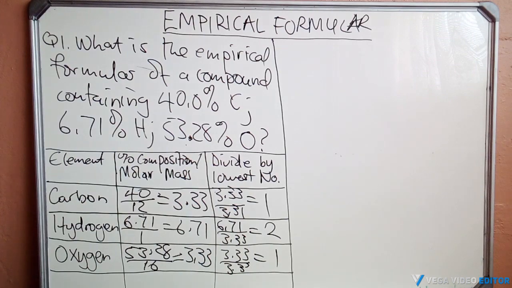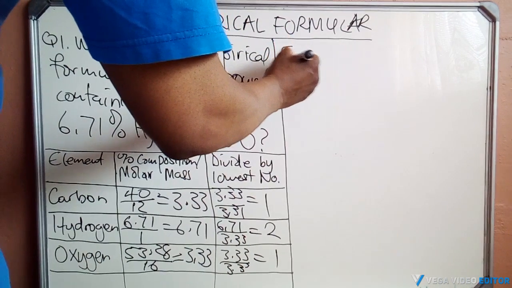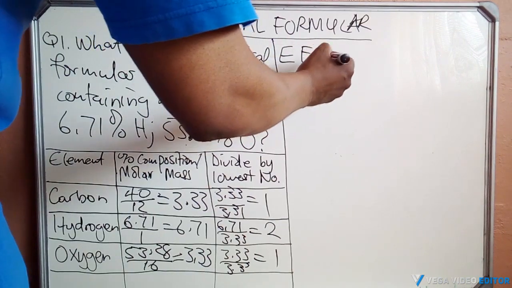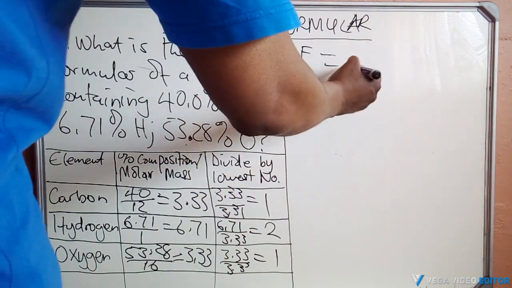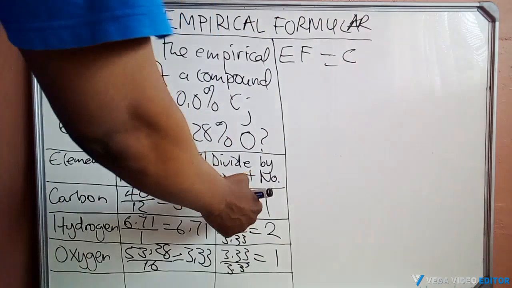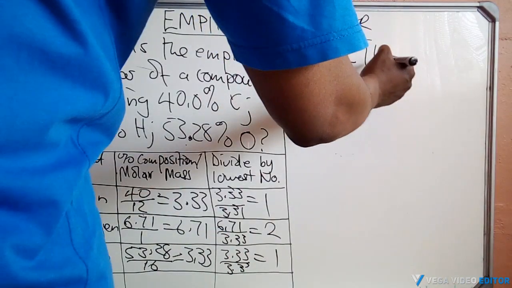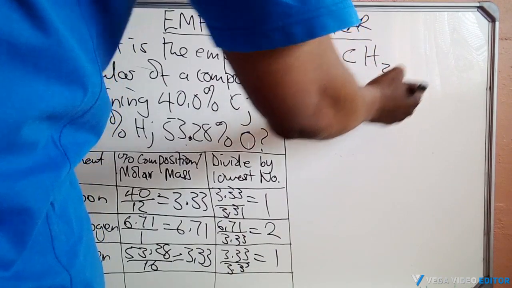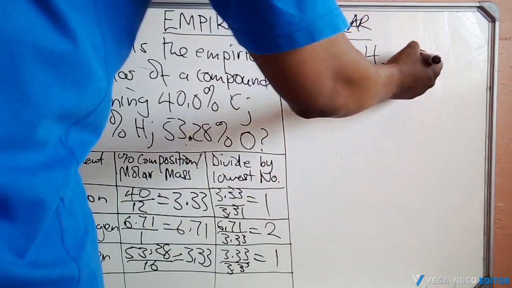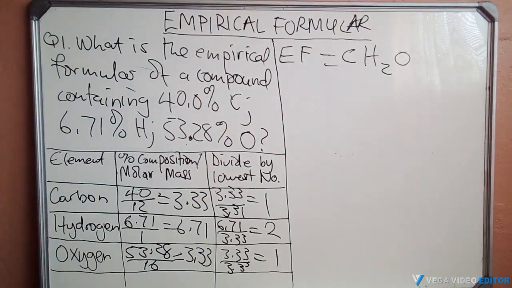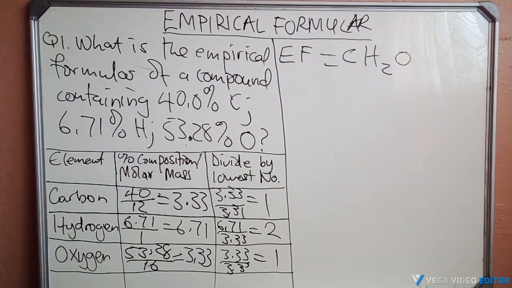Now, from this we know that the empirical formula for our compound is going to be C has got 1, and then hydrogen we have 2, and then for oxygen is 1. So that is our empirical formula for the compound.